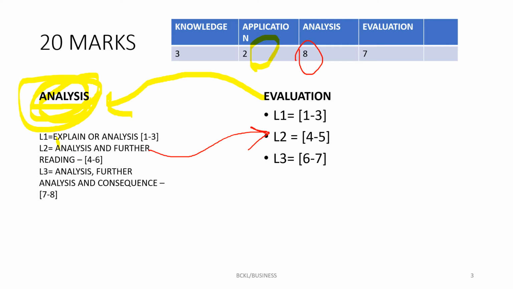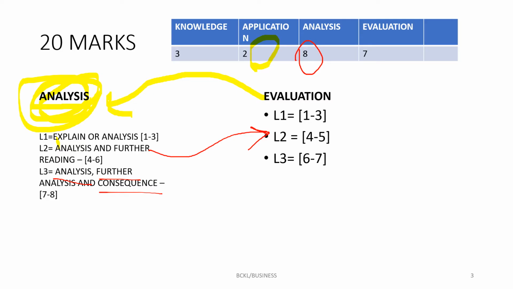And then if you go for level 3, where we have been discussing a lot, like doing the analysis and then the further analysis, and then as a consequence, what happens. As a result, what will happen?